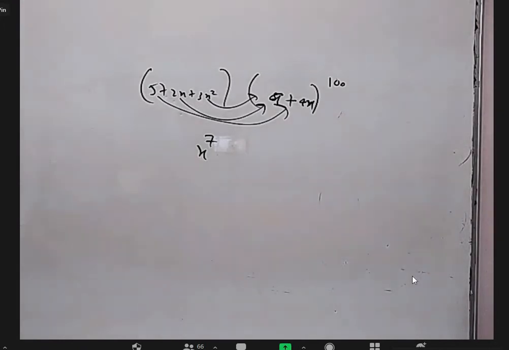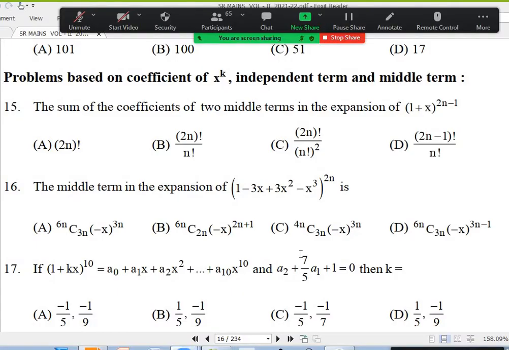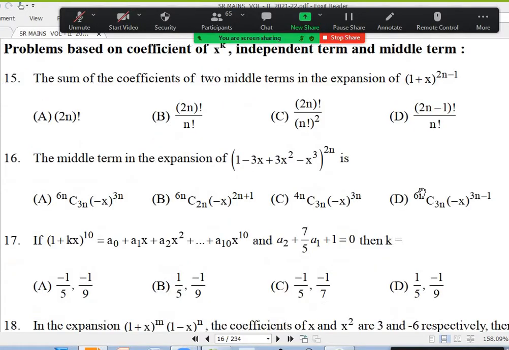So that kind of questions will come. From now onwards, the questions are based on this: either the middle term, or a particular power of x, or a term which doesn't contain x. Let's do one or two questions. Okay, 15. The sum of two middle terms, because the power is odd, it will have two middle terms.